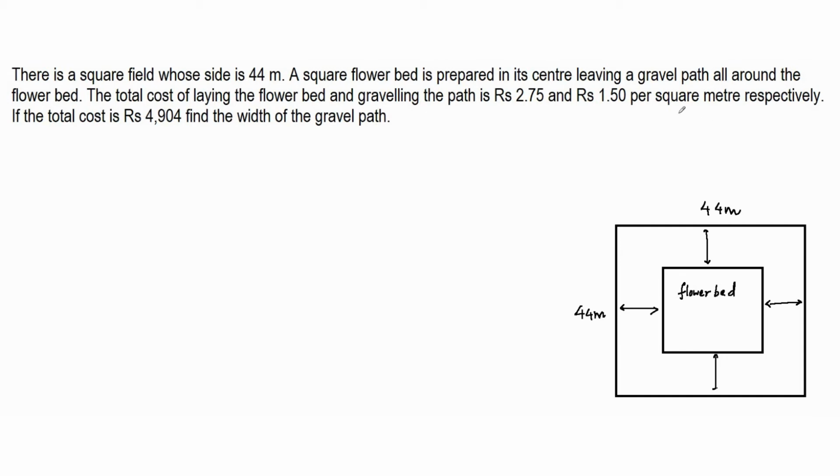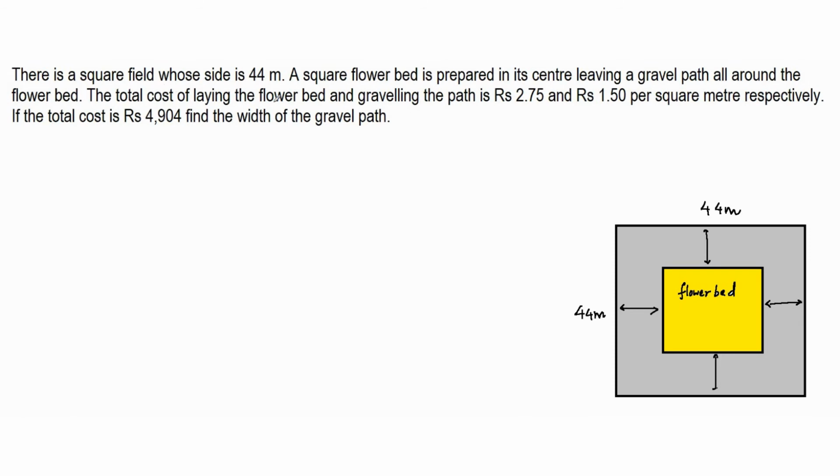A flower bed is prepared in the center, leaving a gravel path. So let us quickly color this. The yellow part is the flower bed, and the gray part is the gravel path, right? So a square flower bed is prepared in its center, leaving a gravel path all around the flower bed.